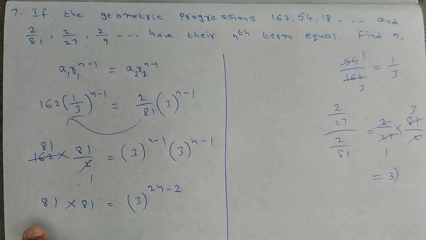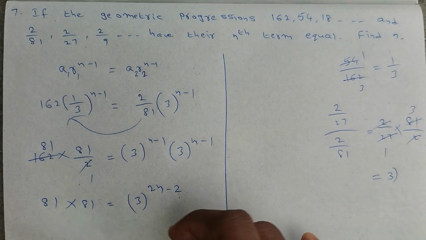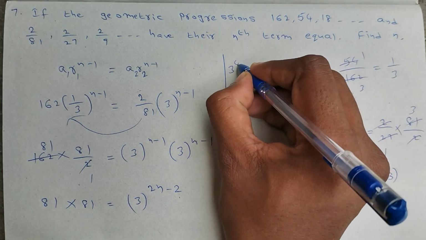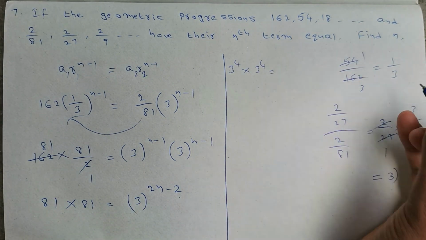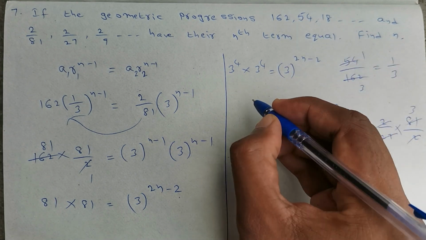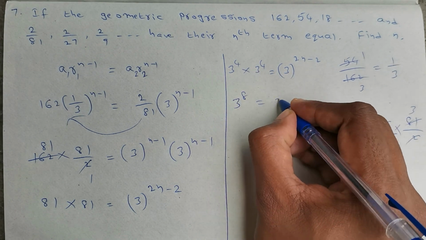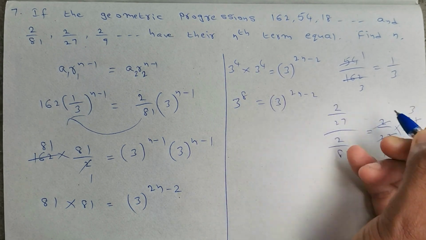Now 81 can be written as 3 power 4. 3 power 4 into 3 power 4 is equal to 3 power 2n minus 2. 3 power 4, 4, 8, 3 power 8 is equal to 3 power 2n minus 2.